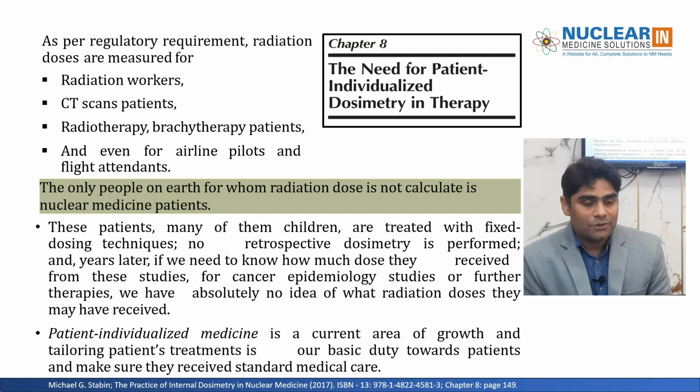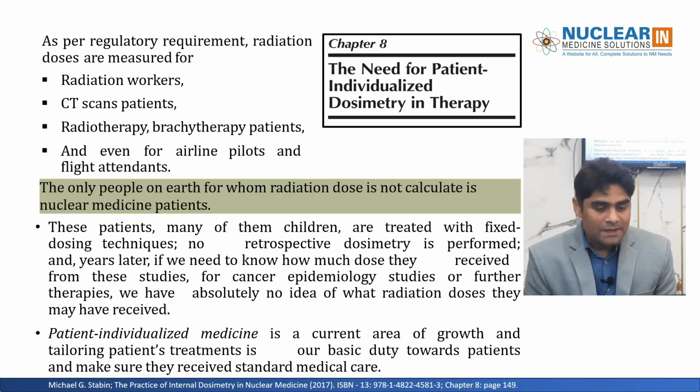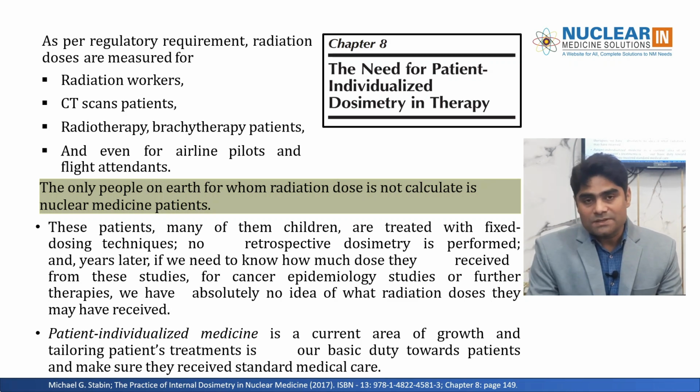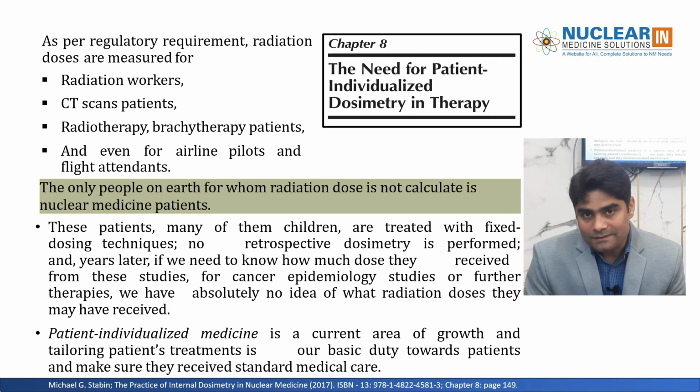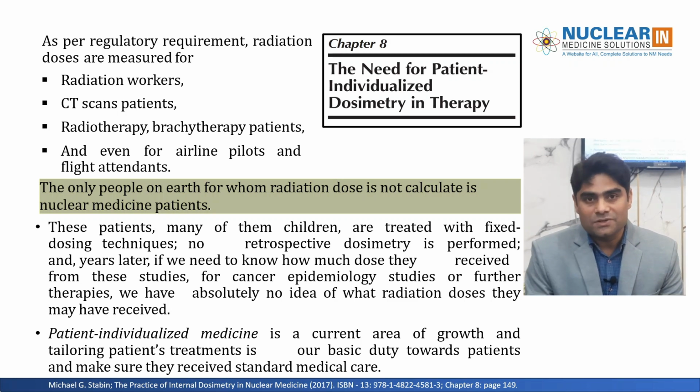As per regulatory authority norms, radiation doses are calculated for radiation workers, CT scan patients, radiotherapy and brachytherapy patients, and even for airline pilots and flight attendants, but there is no estimation and no audit of the radiation doses to nuclear medicine patients. Sometimes these patients can be children also, but there is no accounting of how much radiation dose is being given to whom.